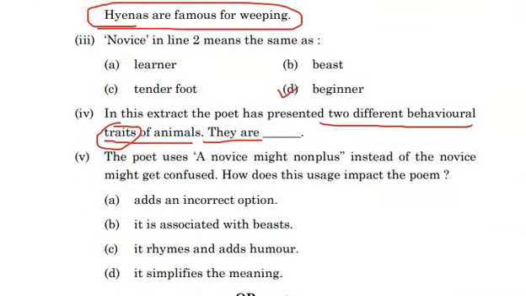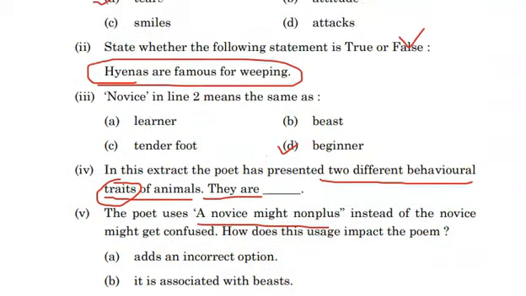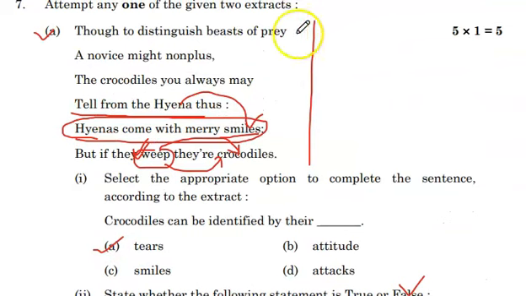Now moving on to question number 5. The poet uses a novice might nonplus, instead of the novice might get confused. How does this use impact the poem? So here in this given line, in place of using the word confused, the poet has used a novice might nonplus.